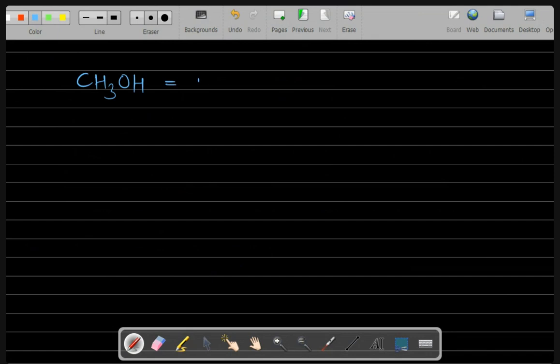So its Mr will be 12 plus 3 plus 16 plus 1. How much are you getting? 15 plus 17, 32. For oxygen, I got 3 because I divided 96 by 32. You are finding moles directly. Yes, but the Mr is 16 times 2 basically.